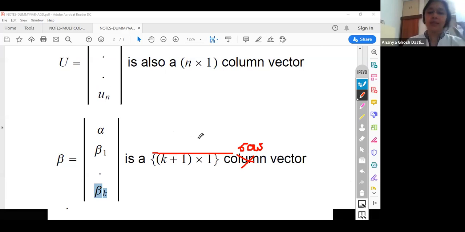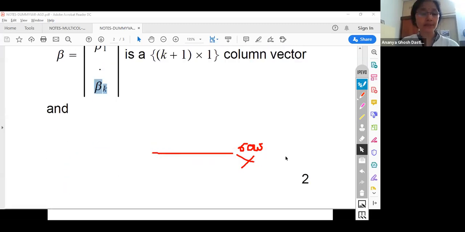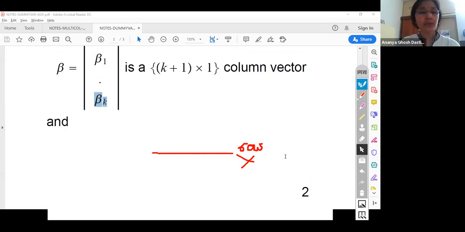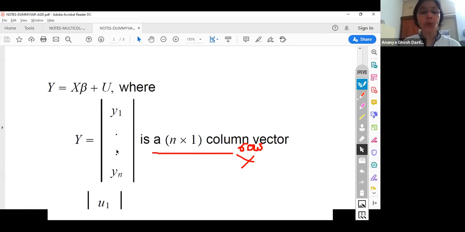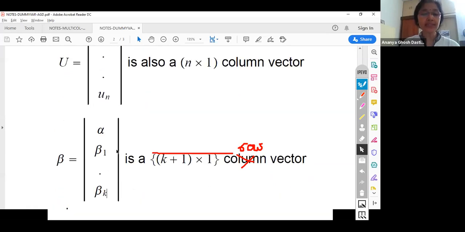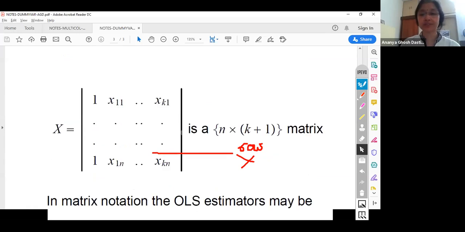Now, having said this, how can I write my model in matrix notation? Note, in matrix notation, I can write this as y is equal to x beta plus u, where x is this particular X matrix. So what is the X matrix?